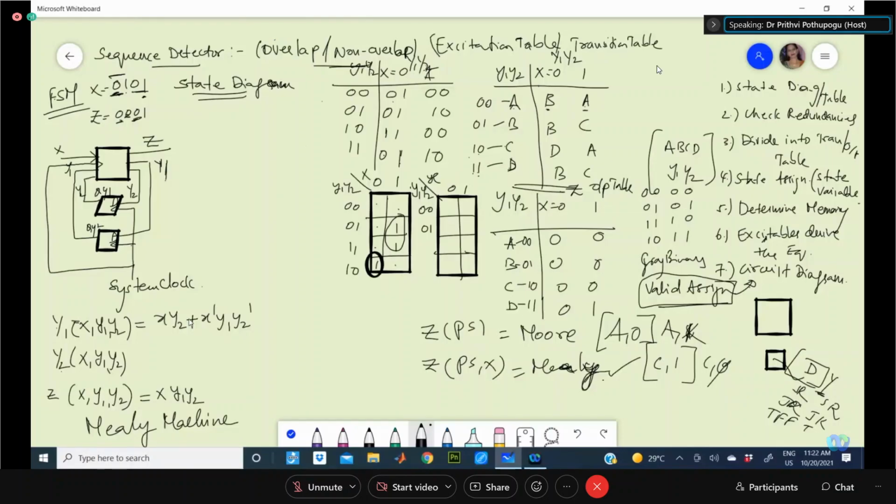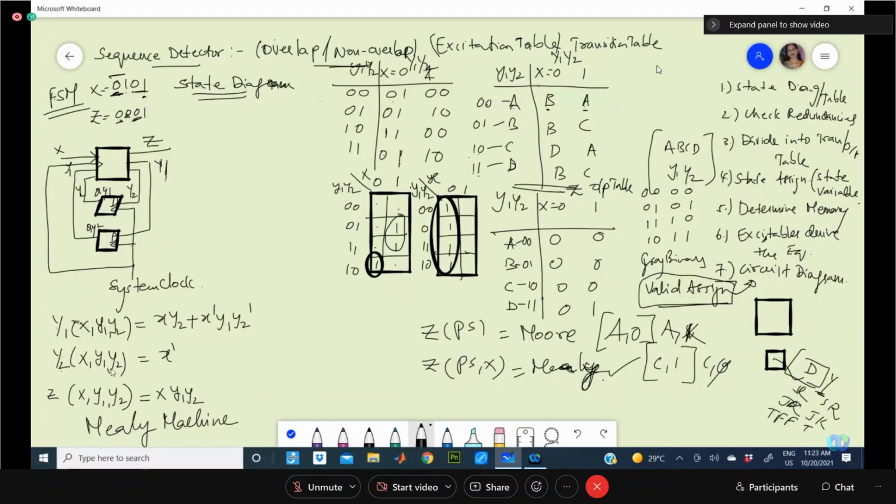Okay. Next is for y2. For y2, this column, all are ones. See, x is 0, all are ones now. And this is all 0. So what is the equation for y2? This will be x dash now.